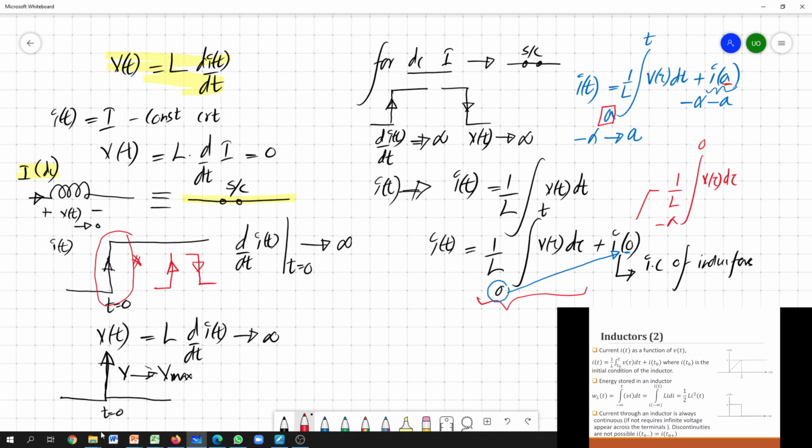Then you should capture the behaviors from minus infinity to a through this initial condition. Once a equals 0, you can easily derive this equation: 0 to t plus the initial condition up to 0. So these are the two fundamental equations, the relationship between the voltage and current. So we can take the expression for the current like this.